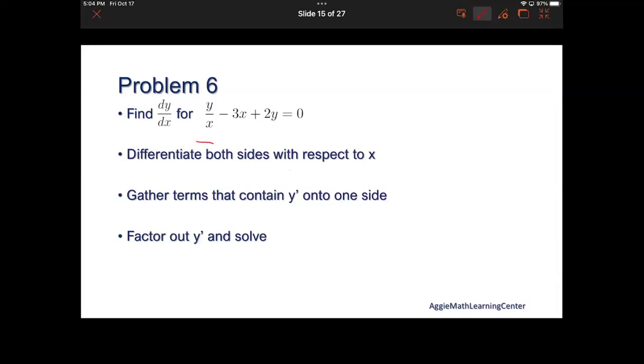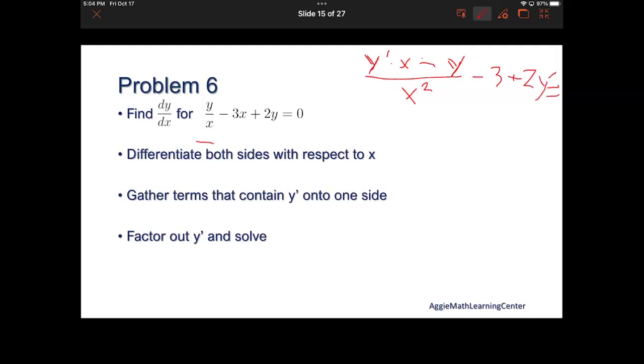This is going to be a quotient rule. So we're going to have the derivative of the top, which is y prime, times the bottom, minus the derivative of the bottom times the top, which is y, over x squared, minus 3 plus 2y prime.